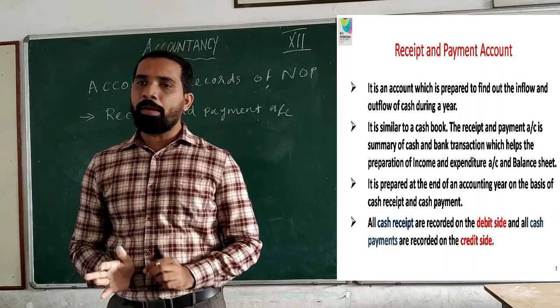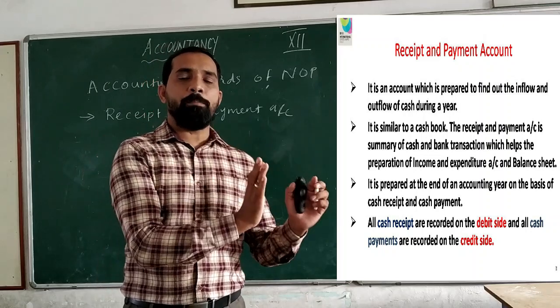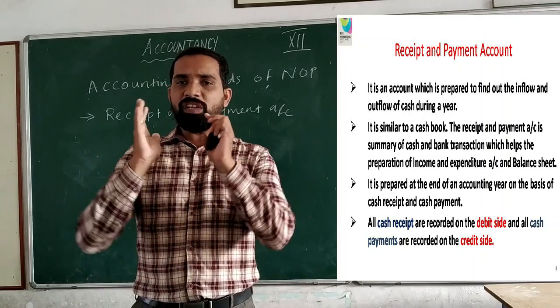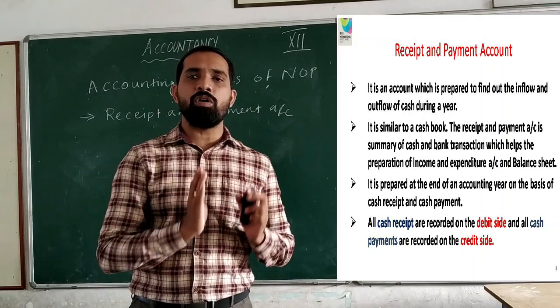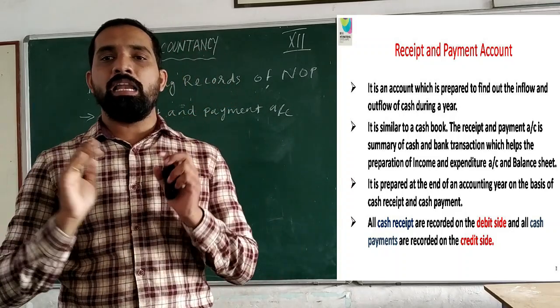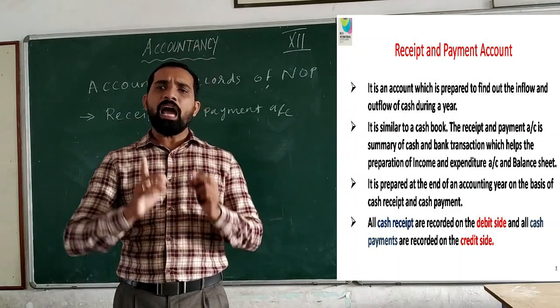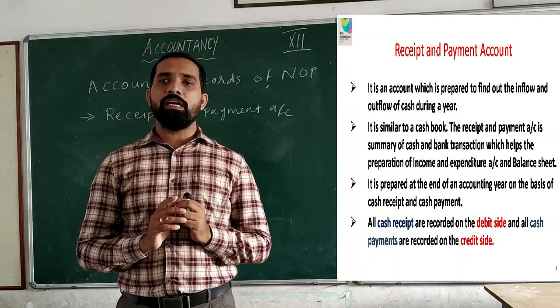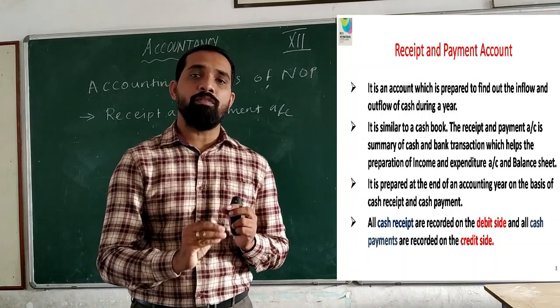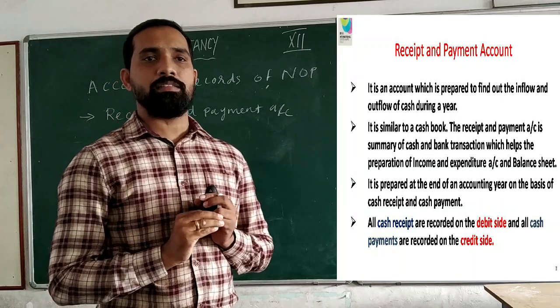It is a summary of cash and bank transactions which helps the preparation of income and expenditure account and balance sheet. It is prepared at the end of an accounting year on the basis of cash receipts and cash payments.